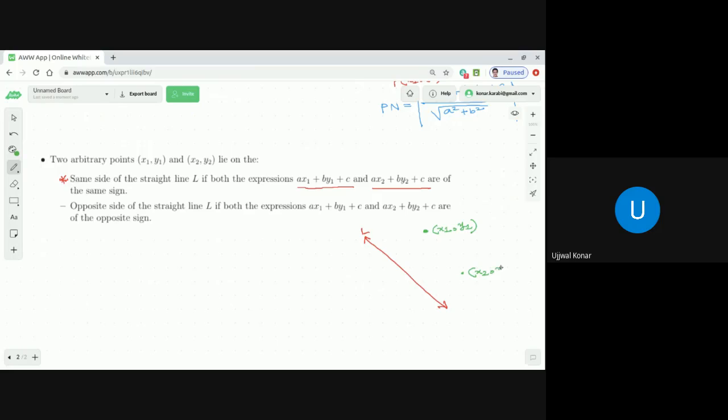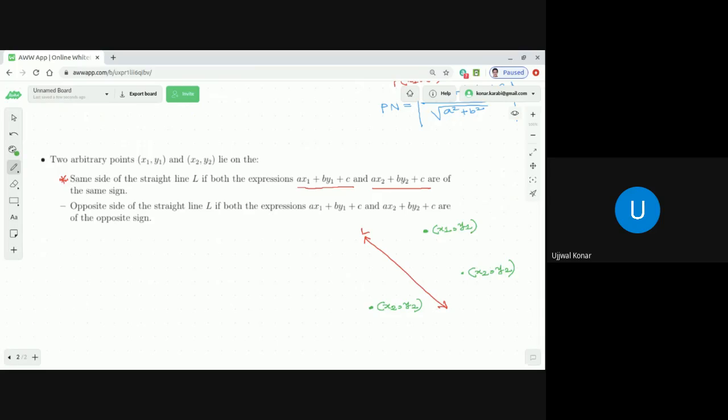Now with respect to this straight line L, the points x1, y1 and x2, y2 could be on the same side of the straight line, or they are on different sides. That means it may be possible that x1, y1 is here, but x2, y2 is on the other side of the straight line with respect to the side where x1, y1 is present.